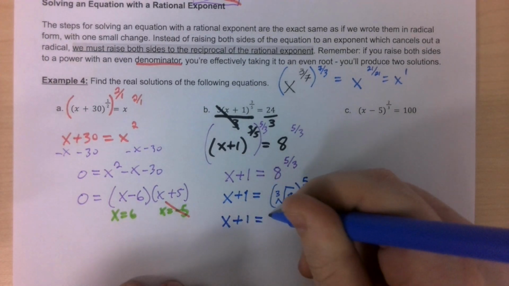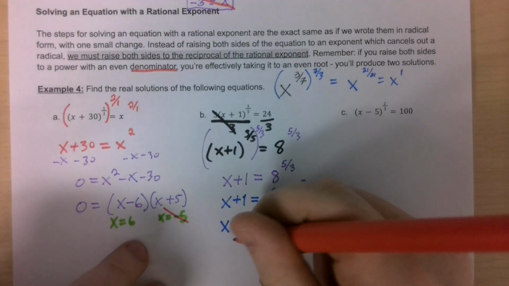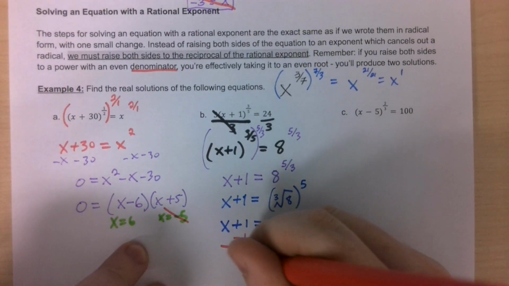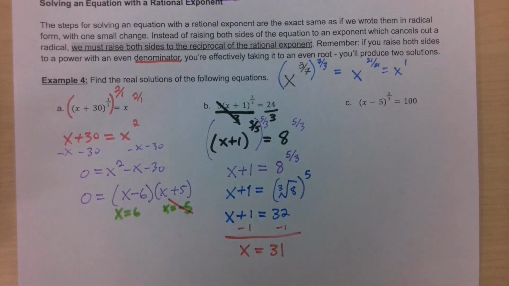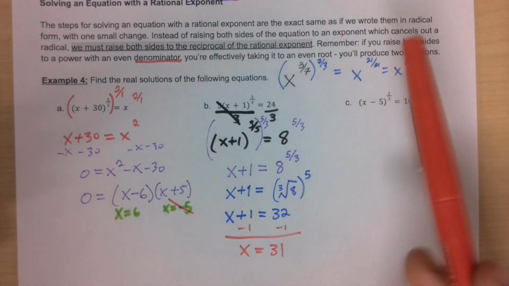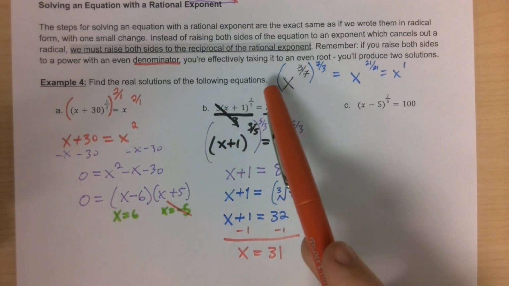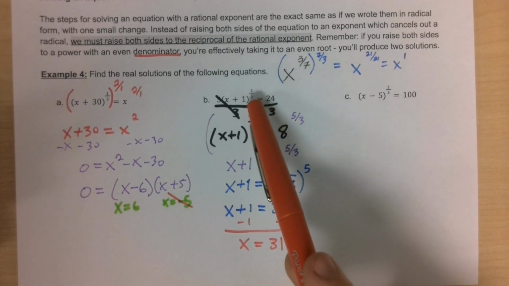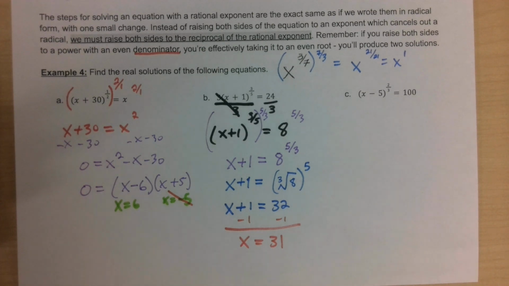So x plus 1 equals 32, meaning our final answer, we subtract 1 from both sides, is x equals 31. We can plug it back in to make sure it works. So we have 31 in parentheses. 31 to the 3/5 power is 8, and 3 times 8 is 24. So we know that this is our answer.